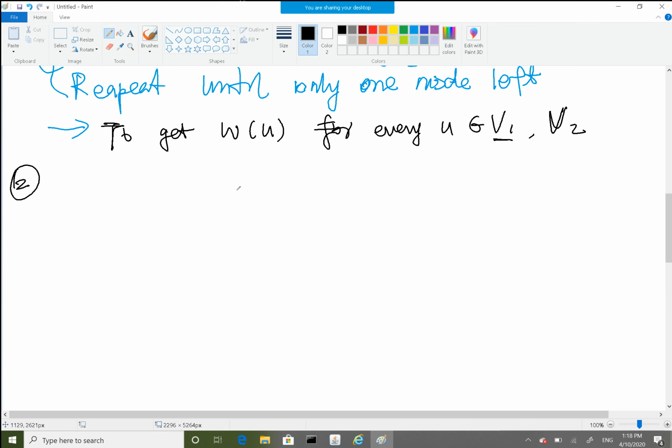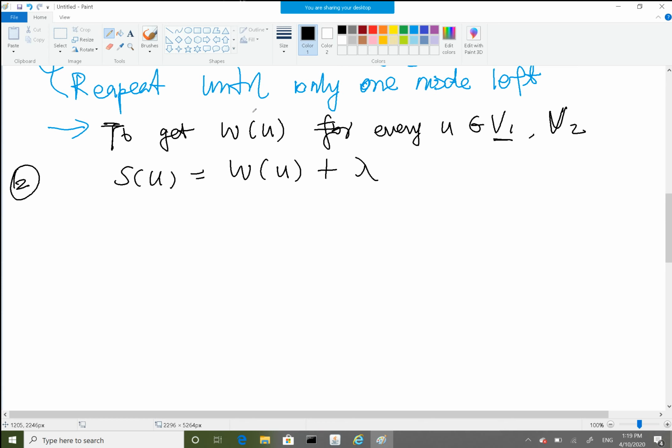Okay, and then the second step is used to calculate the pairwise similarity score. So you calculate this U, and then there's one more function here, we want to calculate S U equal to W U plus lambda.